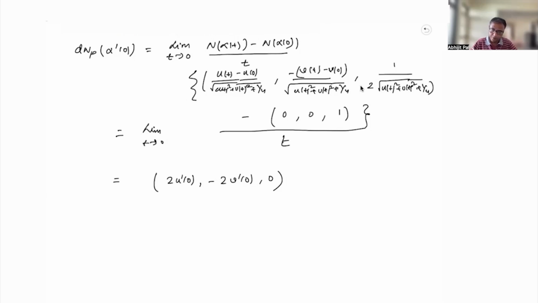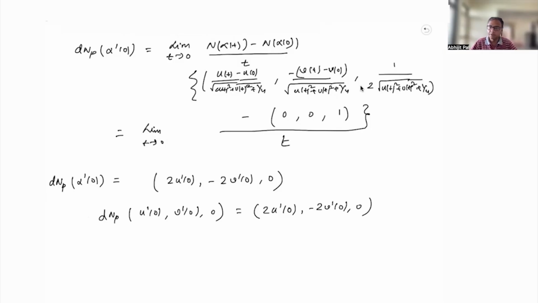So we have computed the differential: dN_P of (u prime 0, v prime 0, 0) is equal to (2u prime 0, minus 2v prime 0, 0).